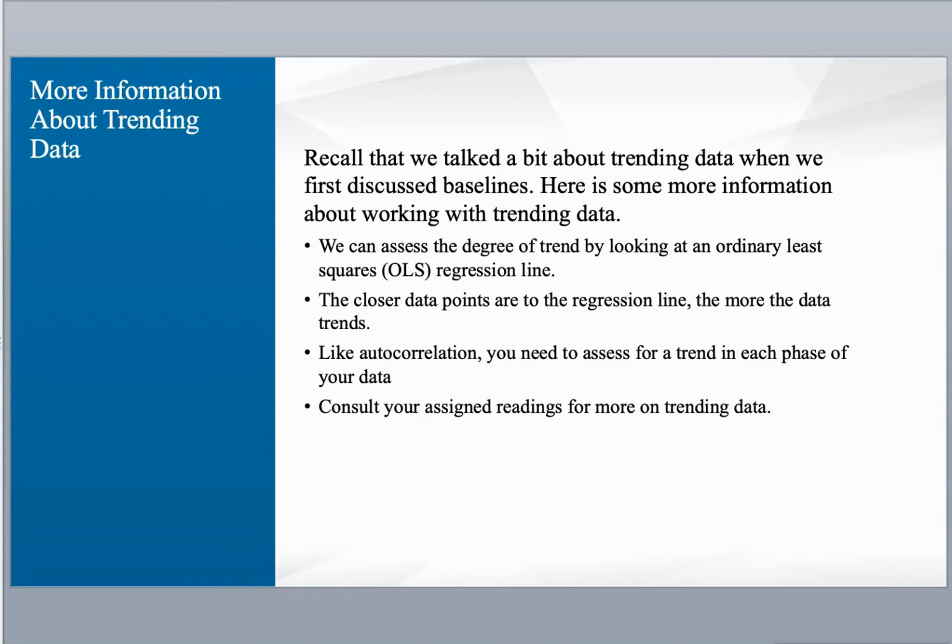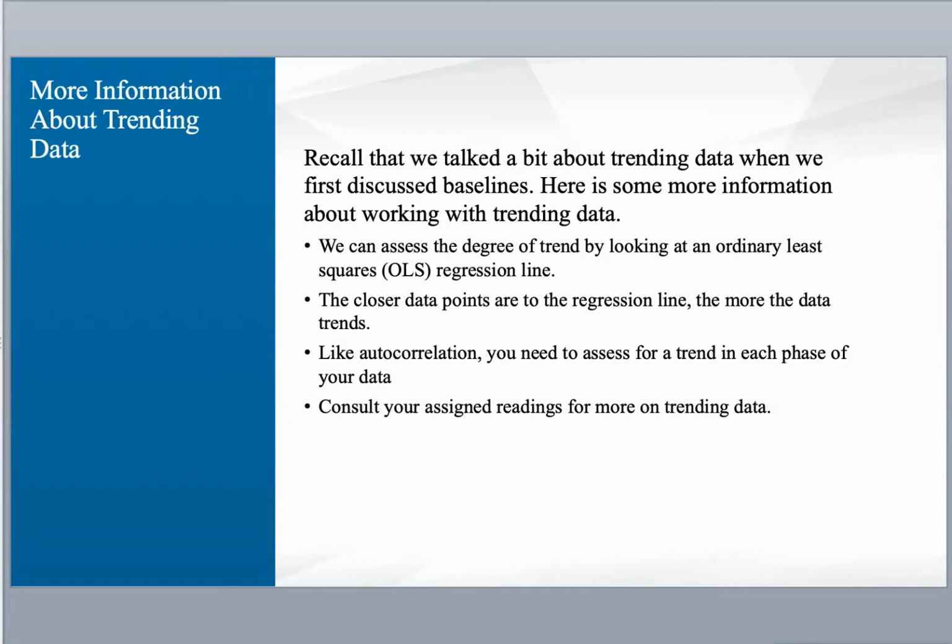Now recall that we talked about trending data. Well, I guess we haven't really talked about it, but for trending data, we can assess the degree of trend by looking at ordinary least squares on the regression line. So we could take a closer look at data points using a regression line.